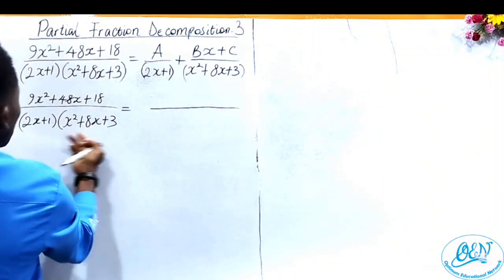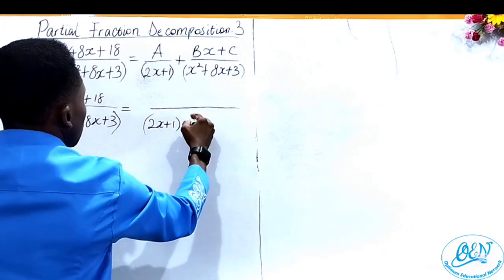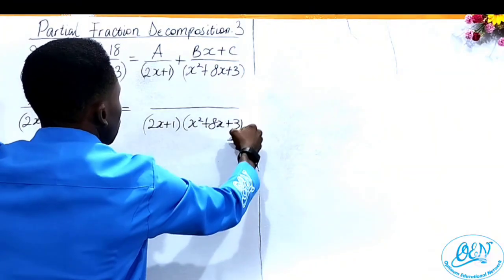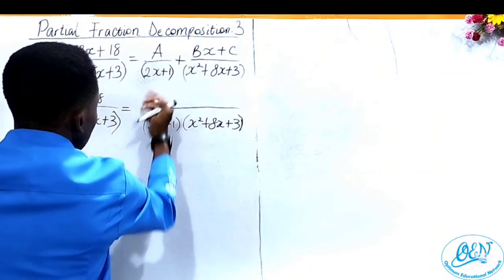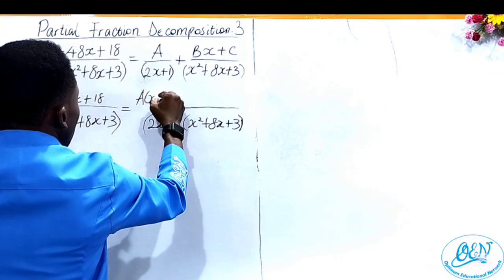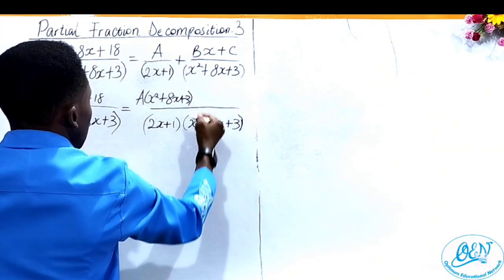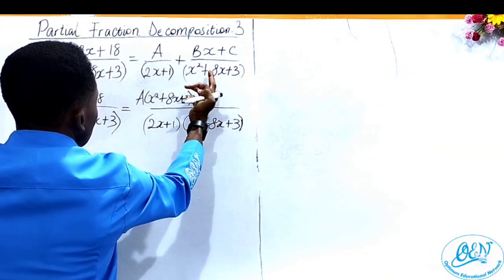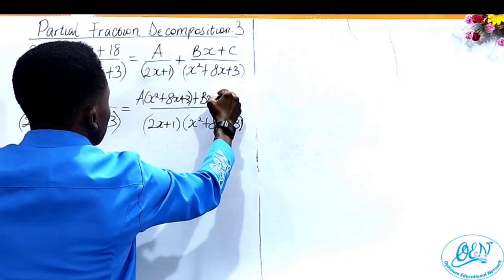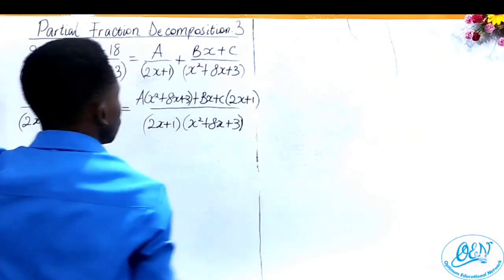The LCM is basically what we have here, so we have 2x plus 1 times x squared plus 8x plus 3. If we divide this with this, we'll have this. So I have a into x squared plus 8x plus 3. And then if we divide this with this, we'll have this. So I have plus bx plus c into 2x plus 1.